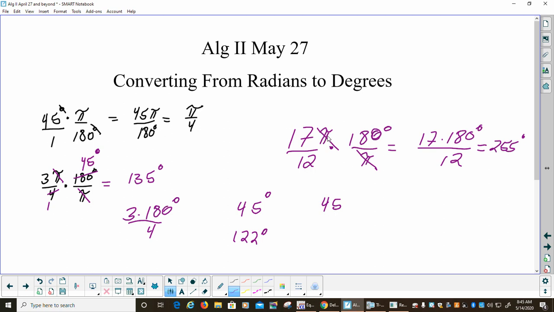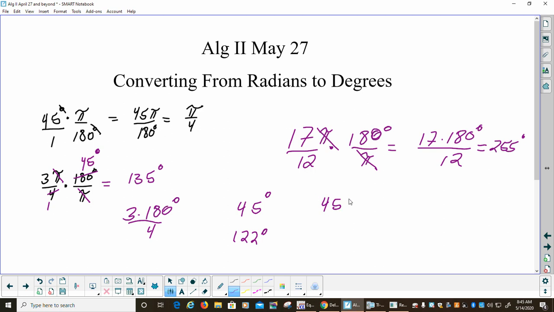So in the past, in prior classes, I'm sure you guys have gotten away with not putting the degree symbol, through sloppiness, or it just wasn't required. But now that you know about radians, it makes a difference whether the degree symbol is there or not. Leaving the degree symbol off implies, when you're talking about an angle, that it is radians. So you need to be really careful how you write it.